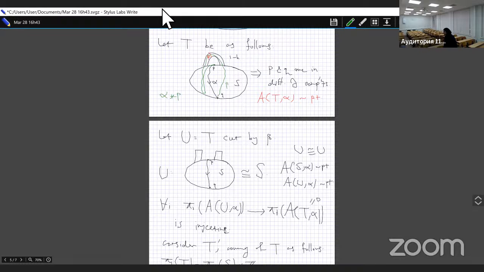So, suppose I have two homotopic paths and I want to show that the space of homotopies between those is contractible, or at least that any two homotopies are homotopic. This would suffice to prove that the map is well defined.